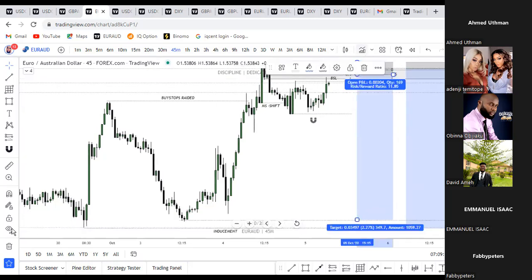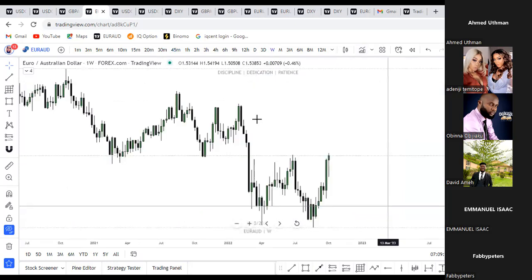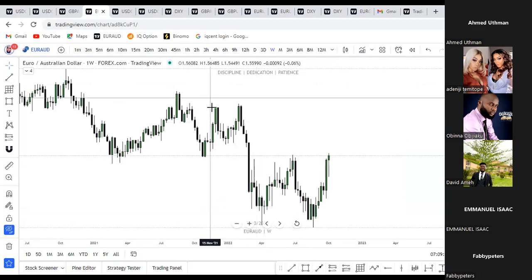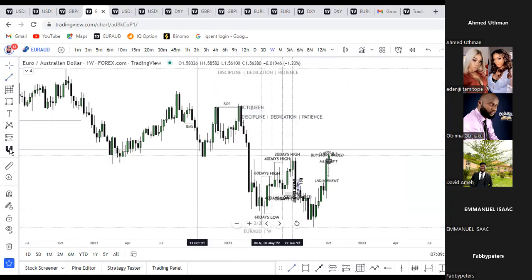Now let me hide all the objects and show you the weekly. Can you see this? These are prices, and this was the last high that took out this intermediate short-term high. So you know on the weekly, we are having a drawn liquidity.